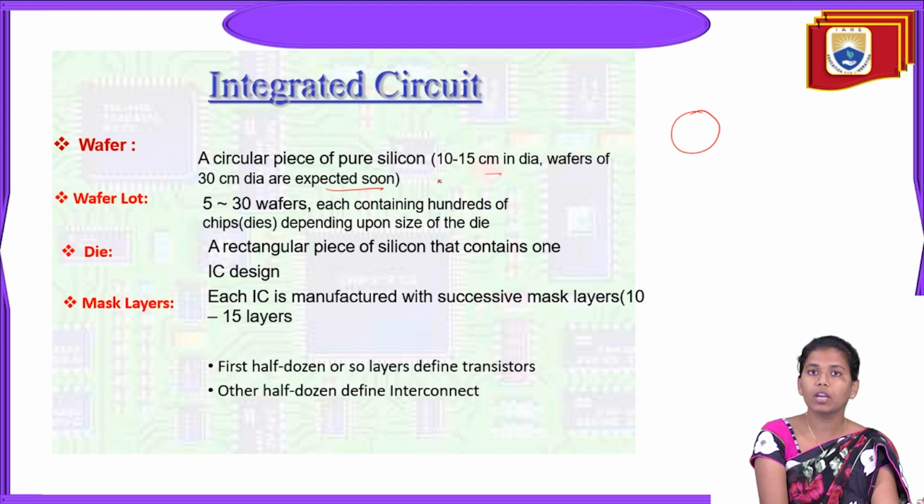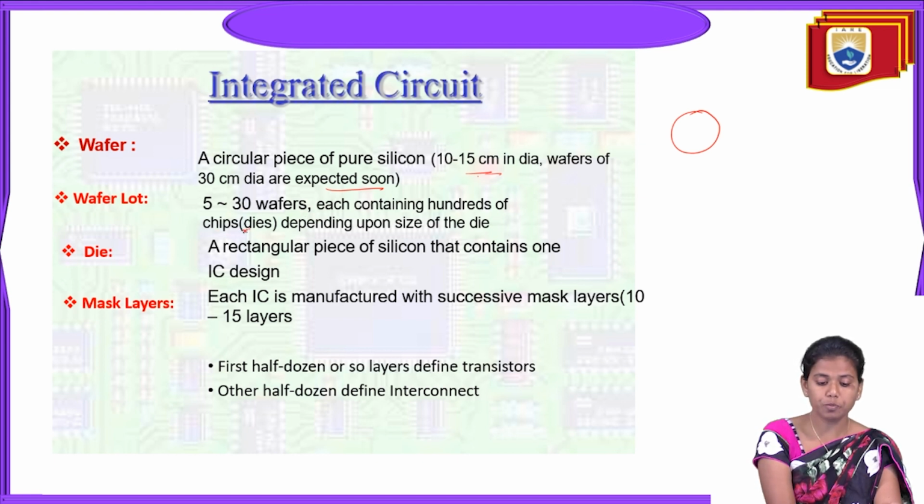So usually, in order to construct a wafer, we use a diameter of 10 to 15 centimeters. But in the coming generation, we can expect 30 centimeters of diameter. And then a wafer lot is nothing but 5 to 30 wafers, each containing hundreds of chips or dies.